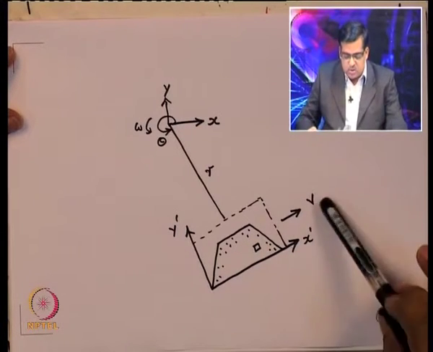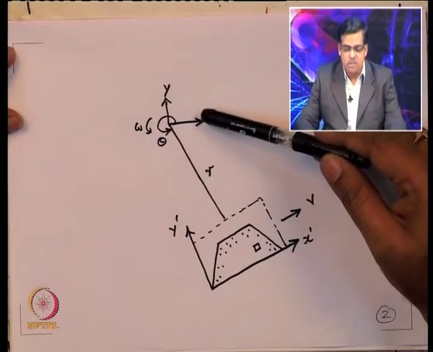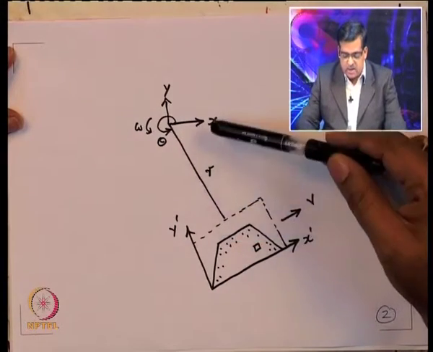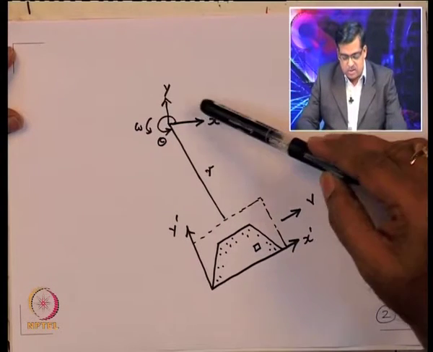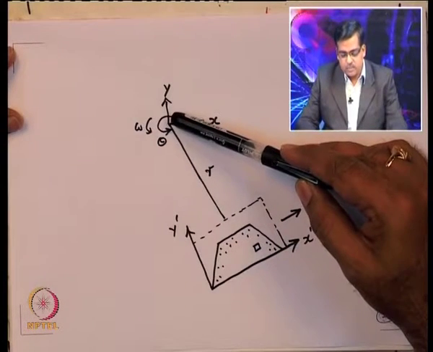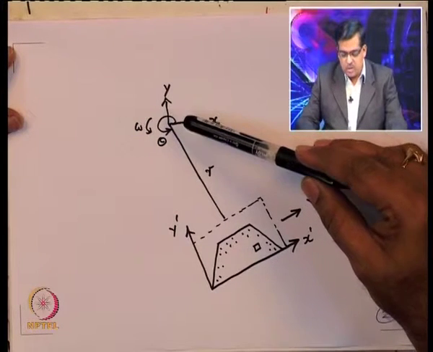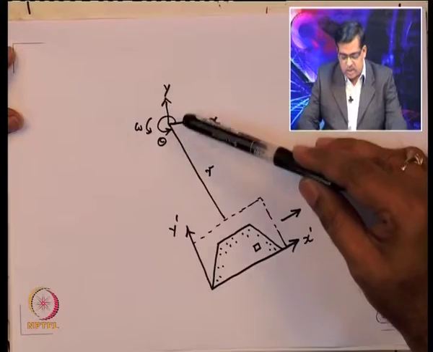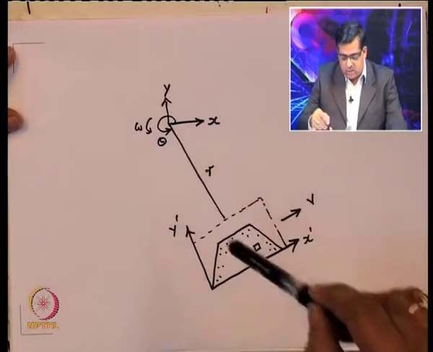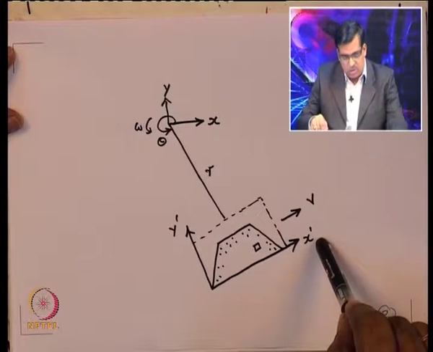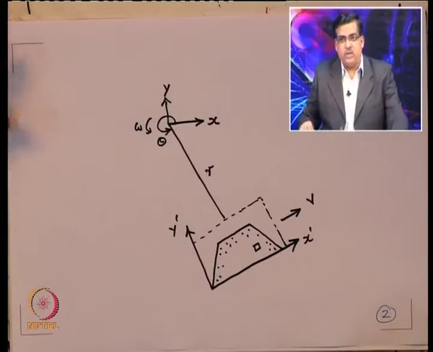So we first have to express this in polar coordinates and get the accelerations at the center of the shaft, and then by using the method of transformation, transform the global accelerations to the local accelerations within the model, that is the local axes within the model, x dash and y dash.